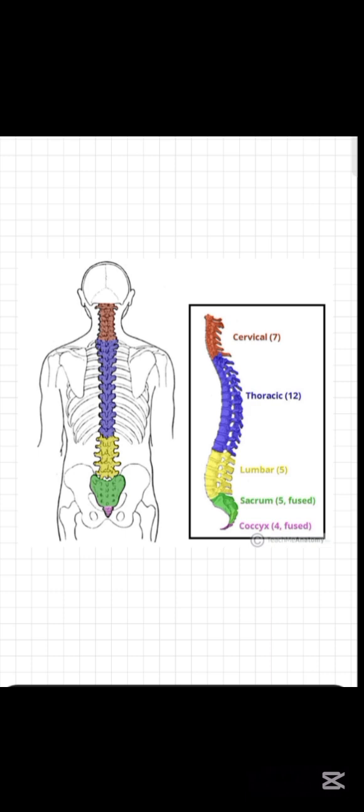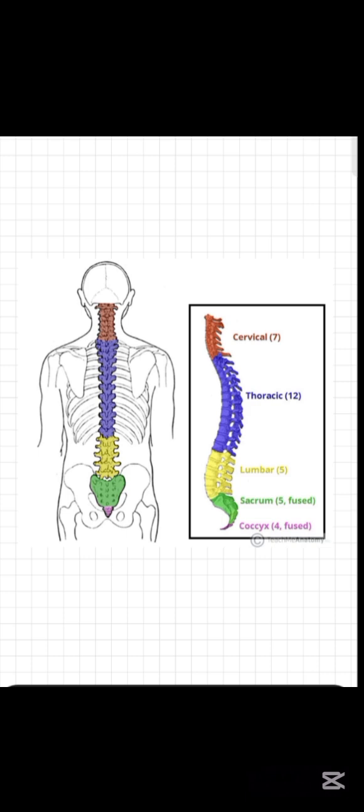How? Let's see. The upper neck region supports the head and also provides the movement of the head, as when we say no or yes. This movement left and right and up and down is managed by the first two vertebrae of the cervical region, which are different from other vertebrae in shape and hence have different functions.